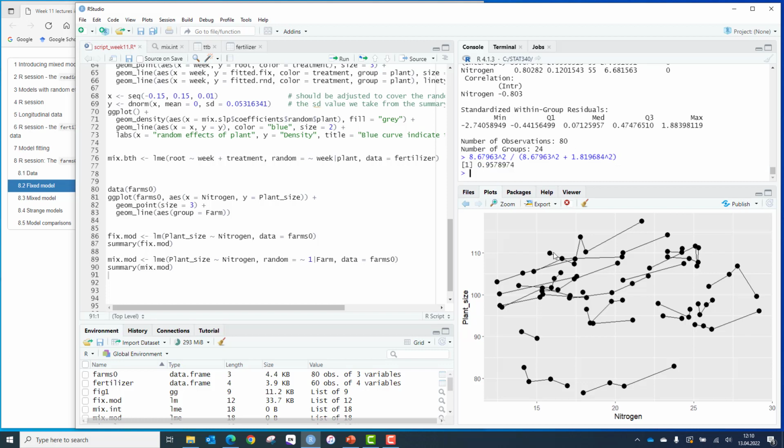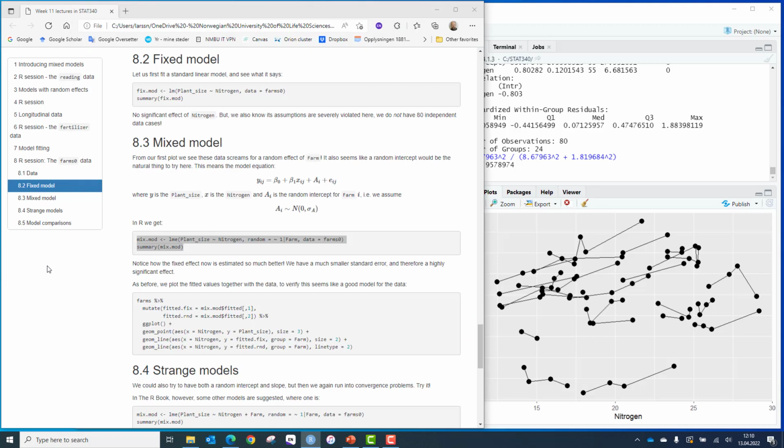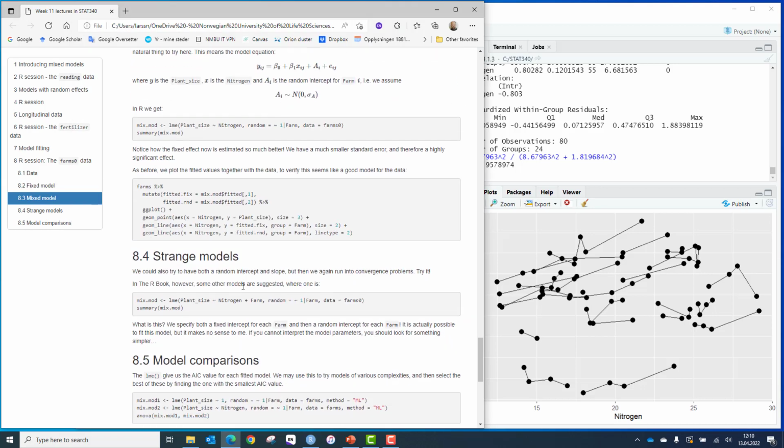Yeah, you can see 0.95. It's a huge correlation between the measurements of the same farm. And that's not surprising when we see this plot. If you want to know which plant size you have, the information about which farm you are at is the most important one. The nitrogen level is not important compared to which farm you are at, right? That's the one that gives you the most information about the data.